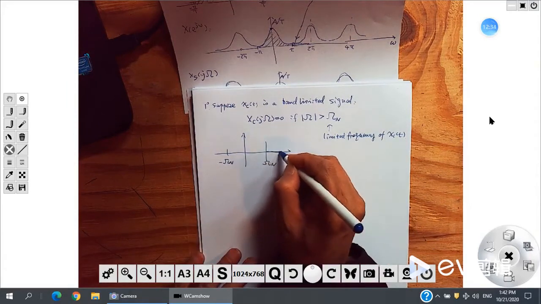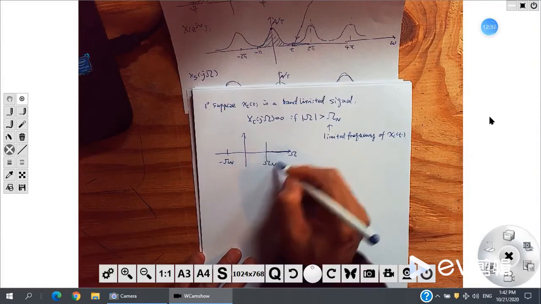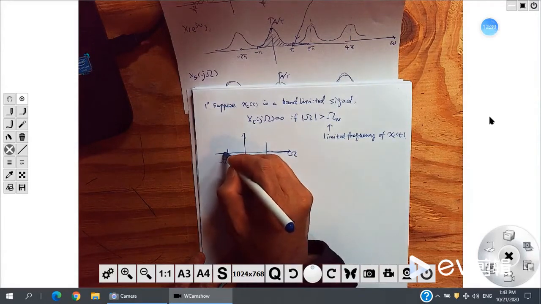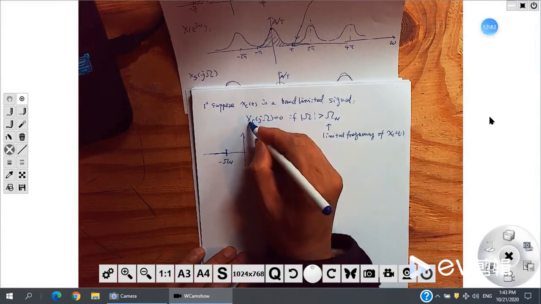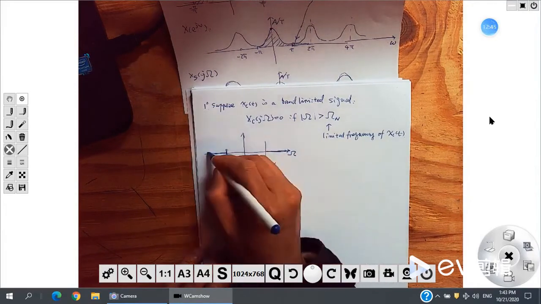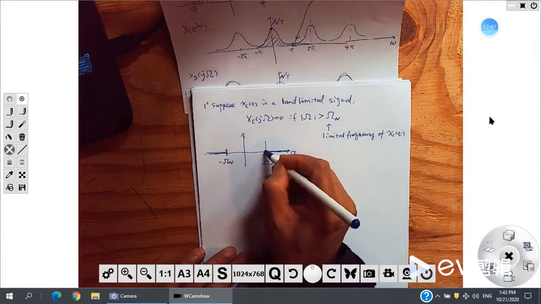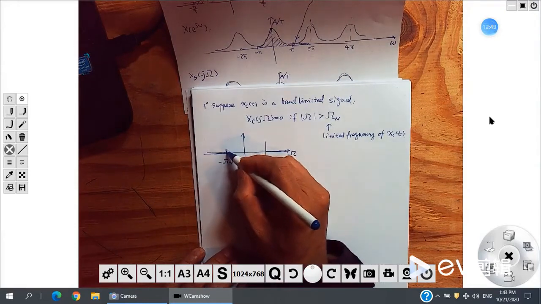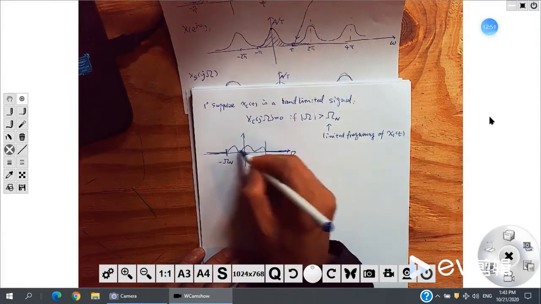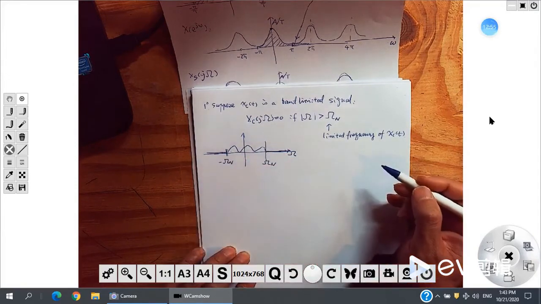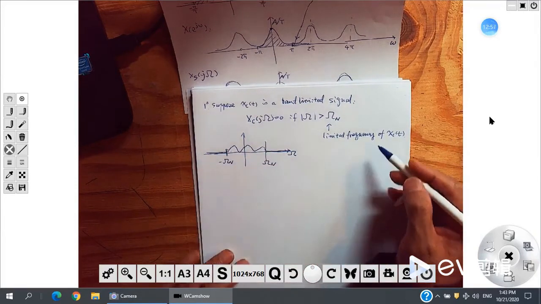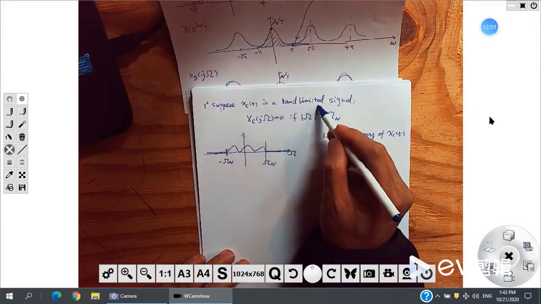When the absolute value of omega is larger than omega n, capital XC must be 0. Between these two values, there can be any kind of thing inside, but outside it is just 0. This kind of signal we call a band limited signal.